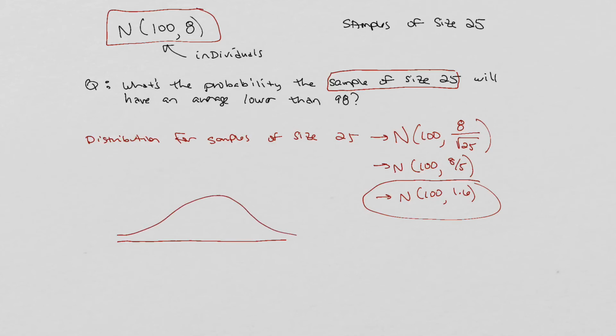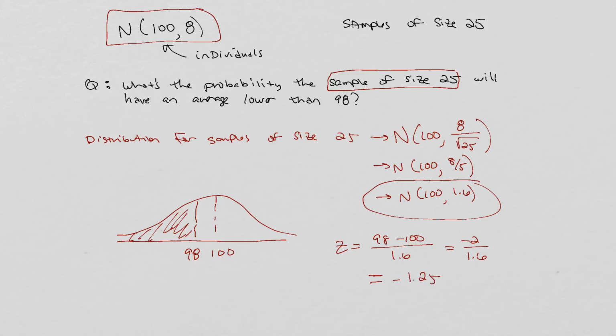Okay? So here we have our picture. The average is at 100. What's the probability in this sample I'll get 98 or lower? Well, let's find the z-score. I'll take my 98, subtract the average of all the samples, divide by the standard deviation of the samples. So it gives me negative 2 over 1.6, which gives me negative 1.25.